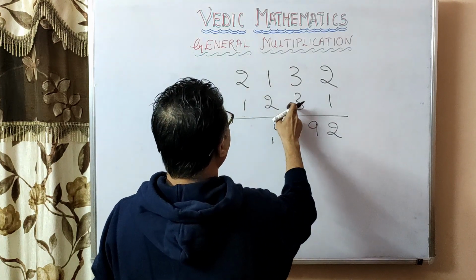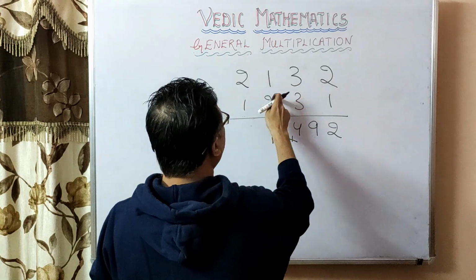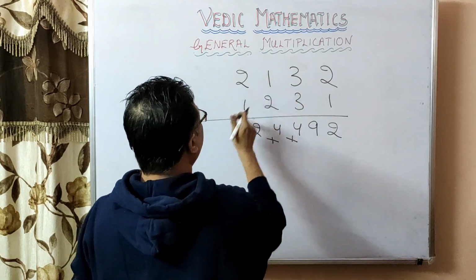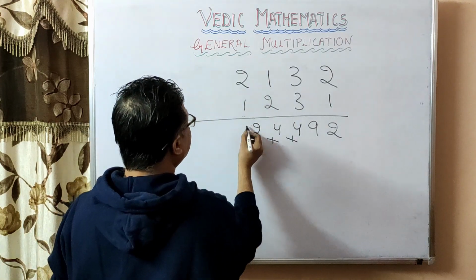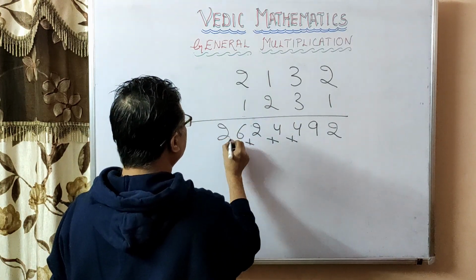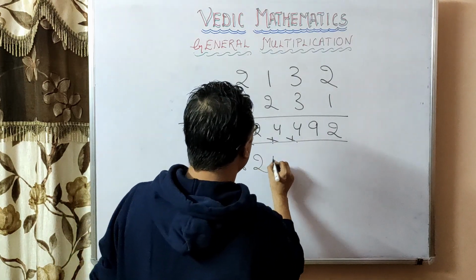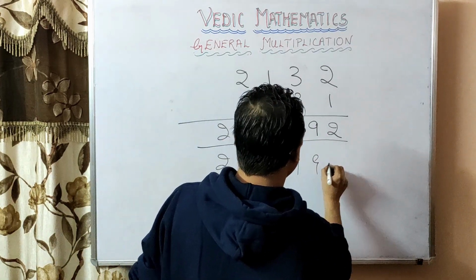So now 6, 9, 11. 11 and 1 is 12. 4, 1, 5. And this is 6. And then this is 2. So the answer will be 2, 6, 2, 4, 4, 9, 2.